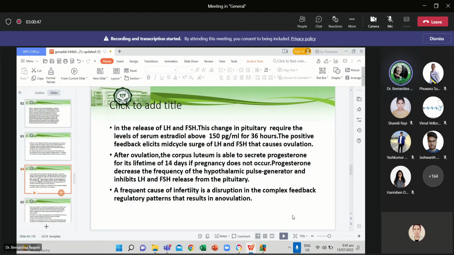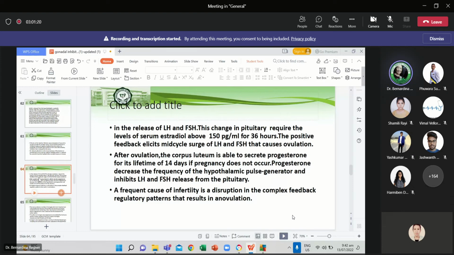The positive feedback now will elicit a mid-cycle surge of LH and FSH. So there is really a mid-cycle surge of LH and FSH. So, surge of FSH can cause maturation of a Graafian follicle, and surge of luteinizing hormone can induce ovulation, or the breaking up of the mature Graafian follicle and the release of a mature ovum.